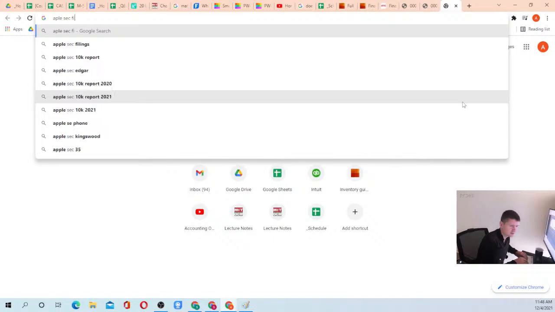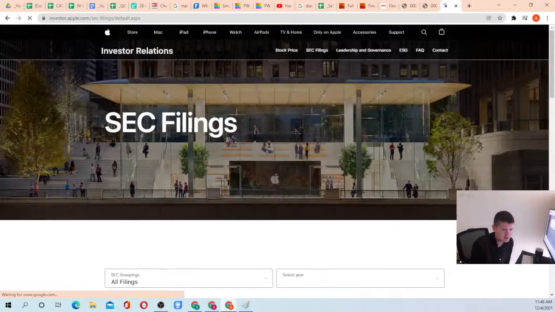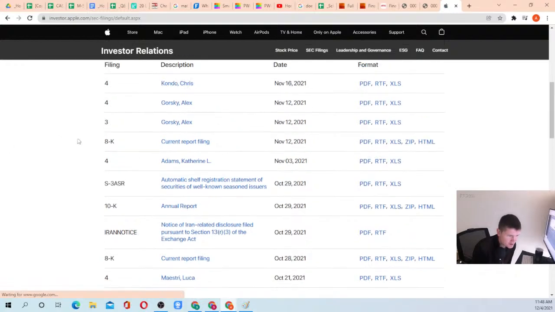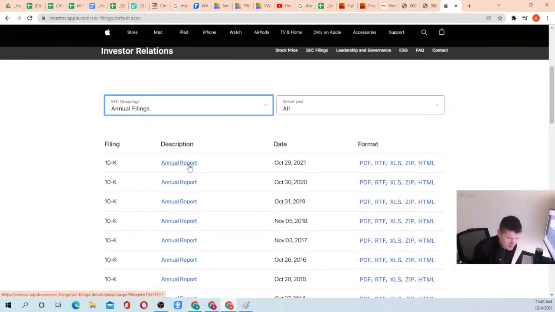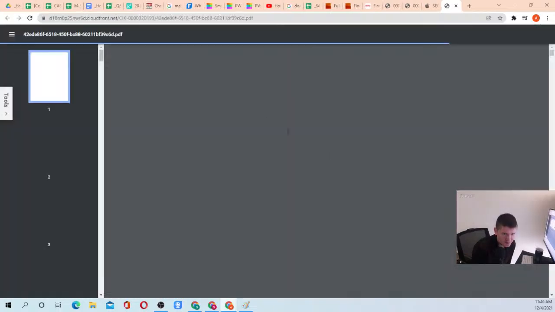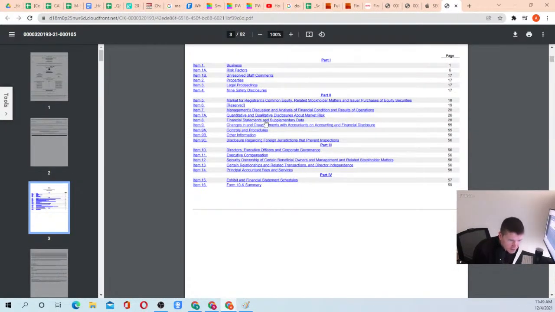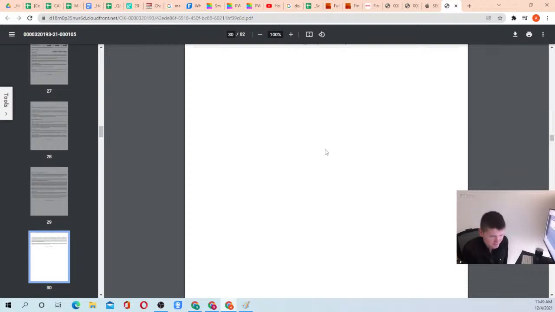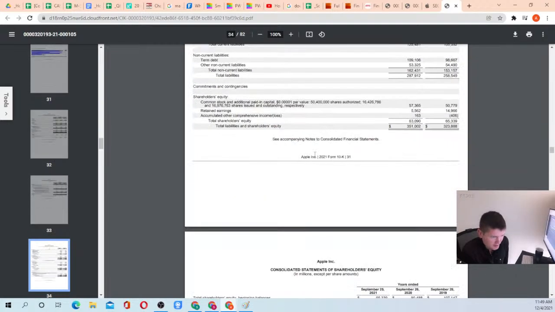Let's see. Apple SEC. So Apple, I believe, pays dividends, and Apple also repurchases its stock. So we want to look at the annual report PDF, and we want to look into the financial statements here. Let's go to Apple cash flow.